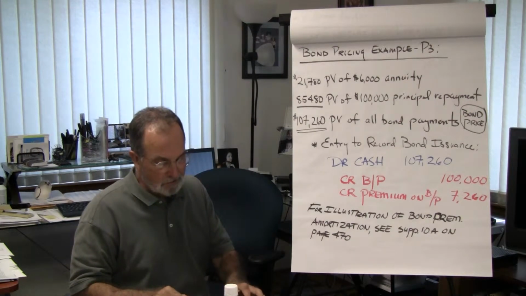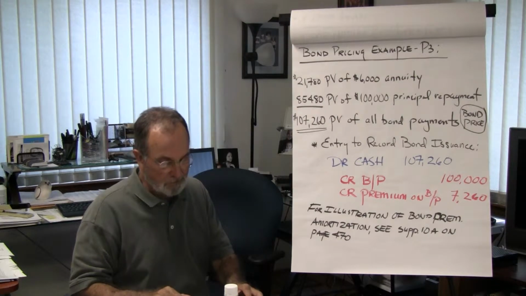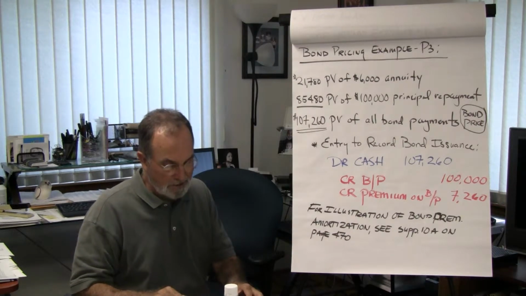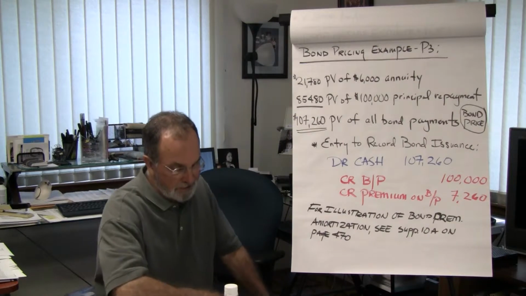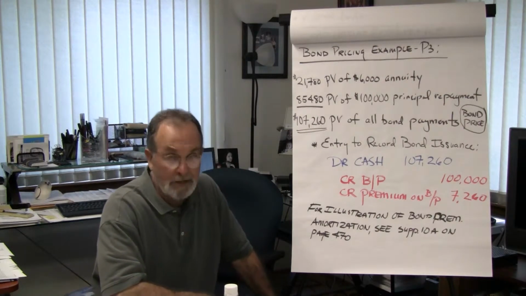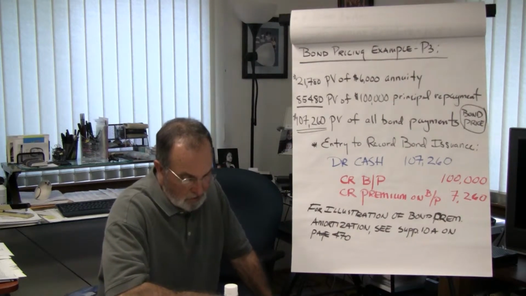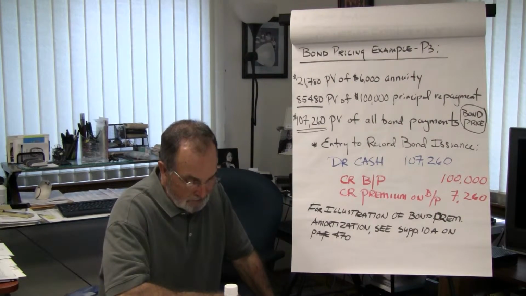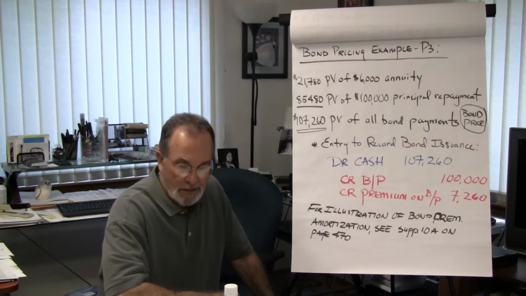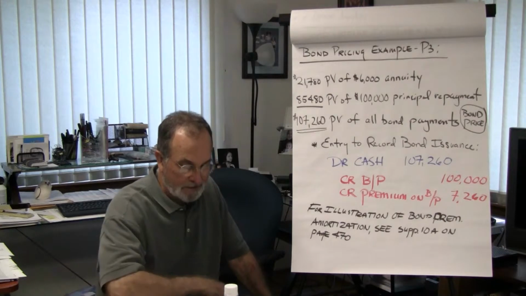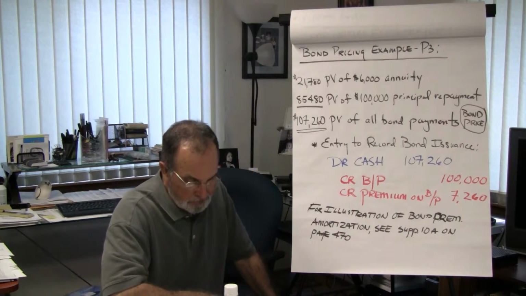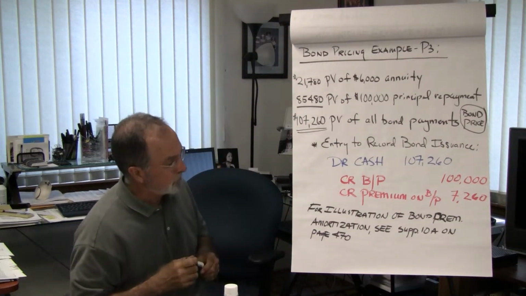If you go down to near the bottom of the page where it shows the yellow table, notice that over on the left side in column A, we have 4 payments of $6,000 each. And then in column B, it refers to amortized premium.